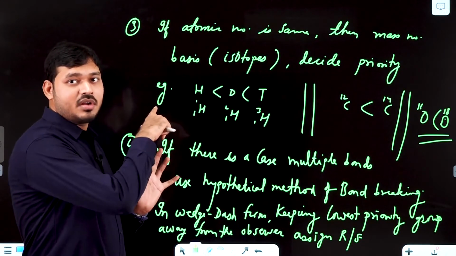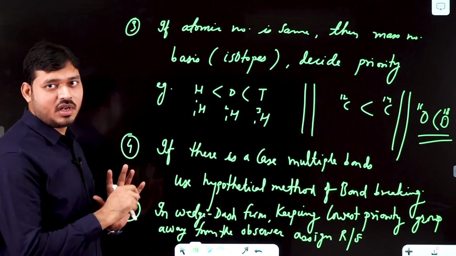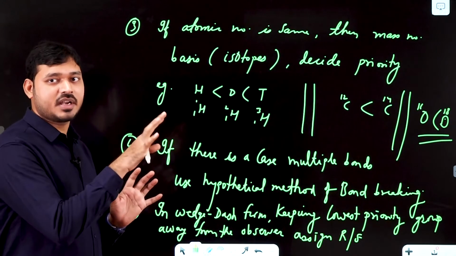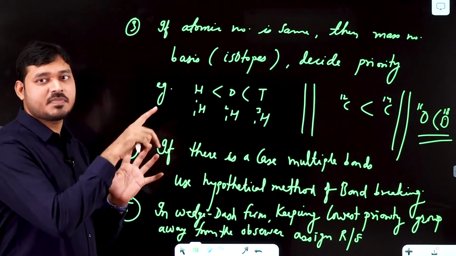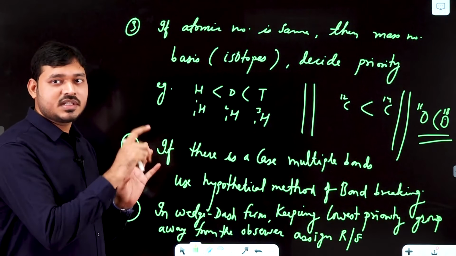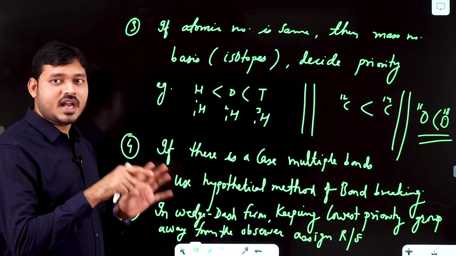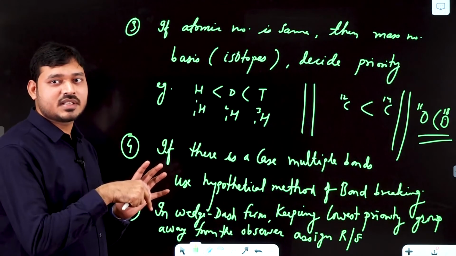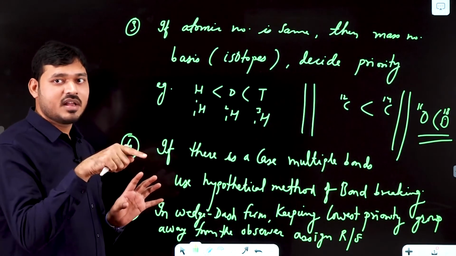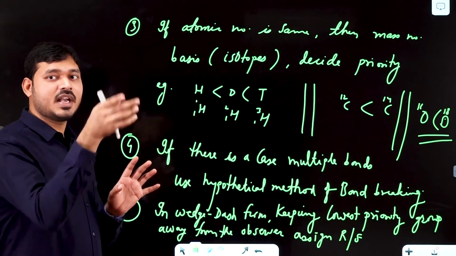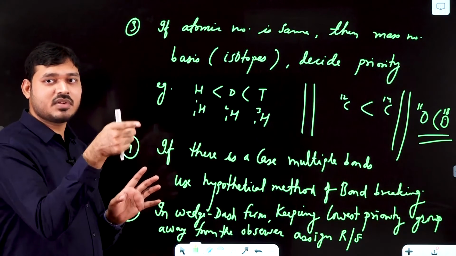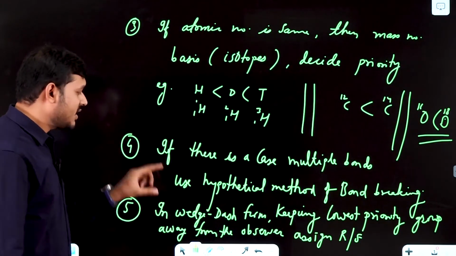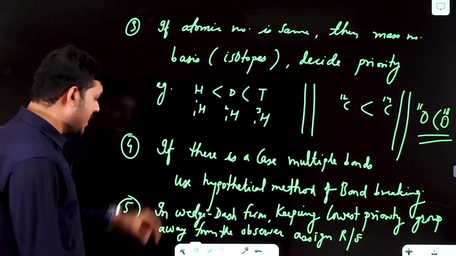When I drew the earlier wedge dash form of 2-butanol, what happens? Keeping the lowest priority group in the dash part means away from the observer, just assign the priority. With respect to 1, 2, 3, if it is clockwise, means right-wise, then it will be rectus R. And if it is anti-clockwise, means left, then it will be S configuration. Okay, so let's see this particular thing with an example.